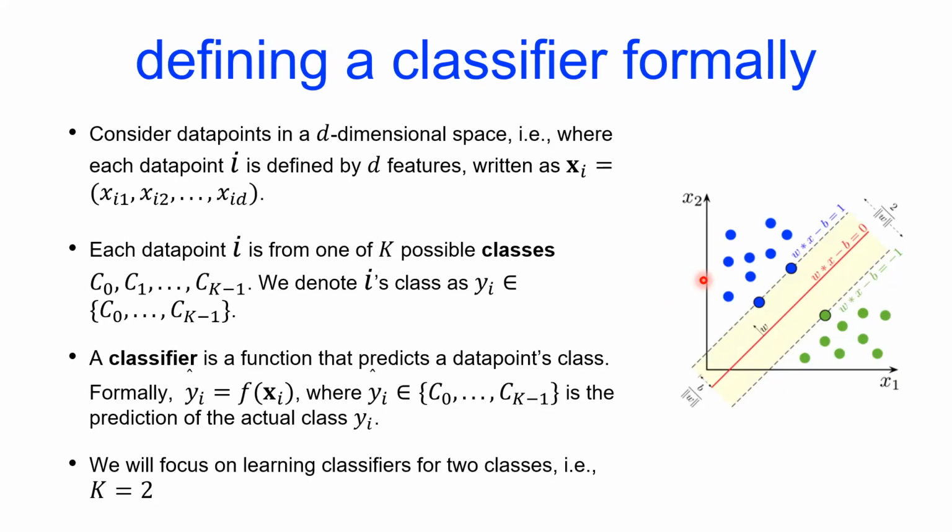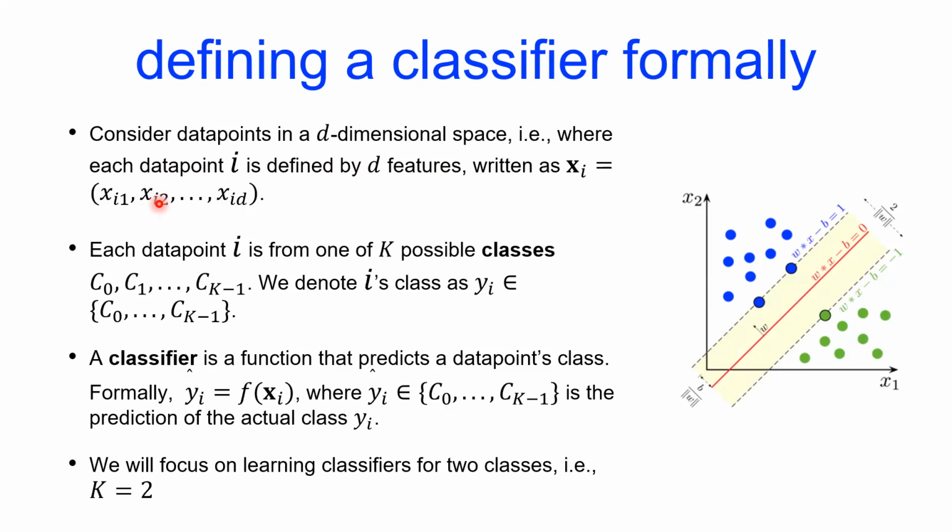So to define a classifier formally, consider data points in a d-dimensional space, okay? Then each data point i is defined by d features, written as xi equal to xi1, xi2, until xid. That means each is a value, right? Remember, we usually write each point as a vector.